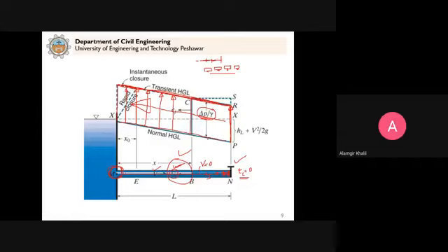Clear? Now the next thing to understand is that when you close the valve, the pressure wave sets up, and this pressure wave travels from the valve towards the reservoir. How much time does it take to reach the reservoir? This we can calculate from S is equal to Vt.